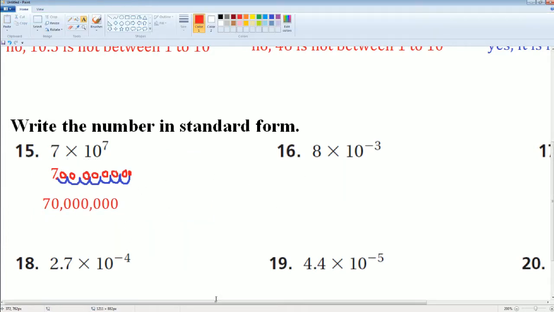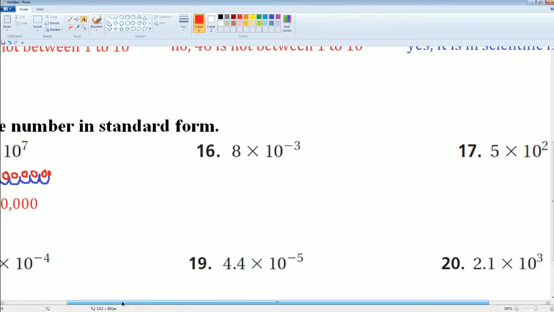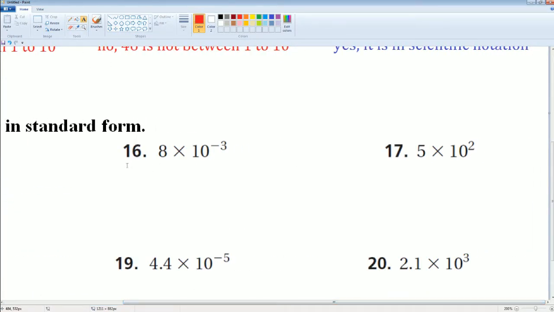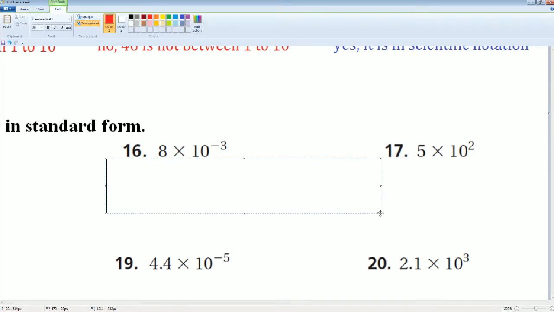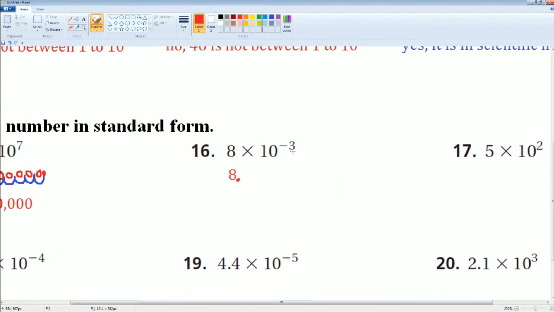Okay. Let's do this one. All right. So we start by writing the 8. Good. We put the dot here at the end. Alright? And it says -3. We move to the right or we move to the left? We move to the left.